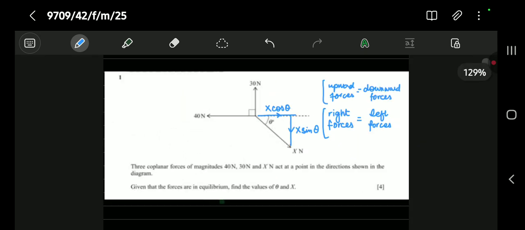Now that we have resolved, apply the equilibrium condition. Upward force is equal to downward forces: upward is 30 Newton and the downward one is x sin theta. So 30 equals x sin theta.